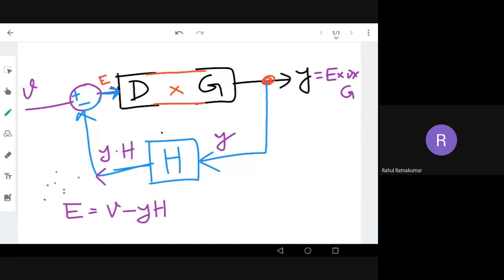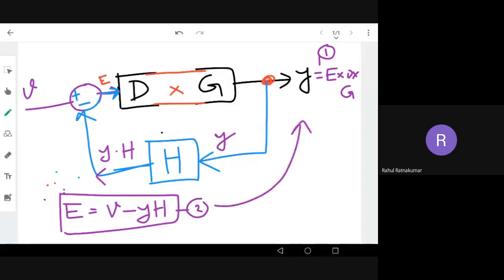Let's make this equation 1, and the error equation, E equals V minus YH, is equation 2. Let me substitute equation 2 into 1.